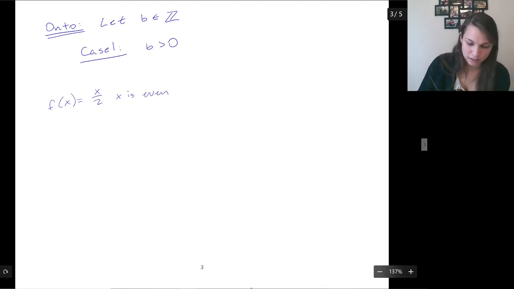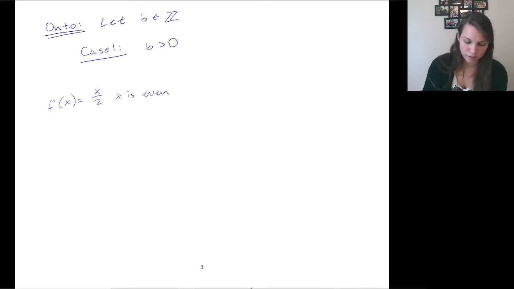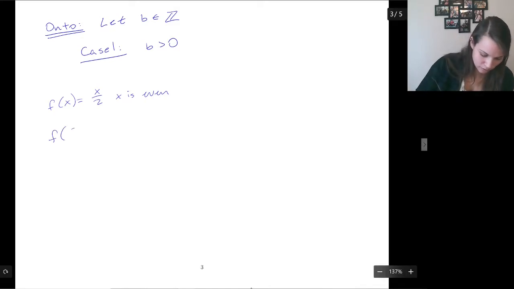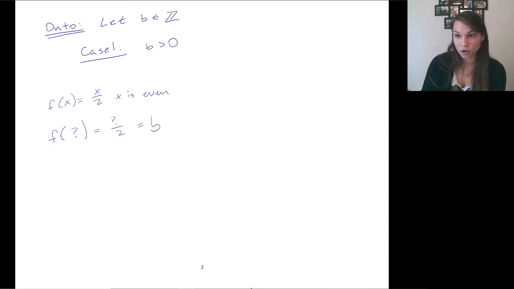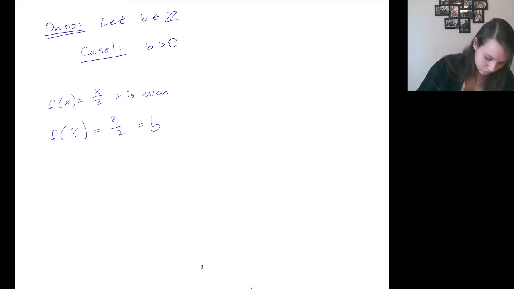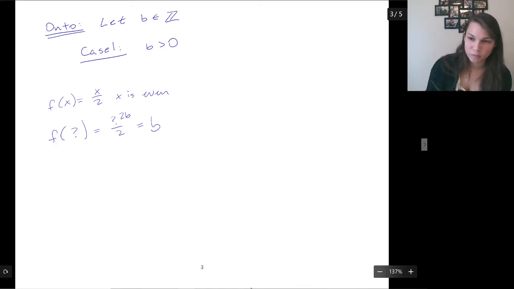I'm going to use that to my advantage right now. What I want is a number to plug in so that when this happens, it's equal to b. That way I have found the element that is going to let us map to b. So, kind of working backwards, 2b seems like a great candidate. 2b.